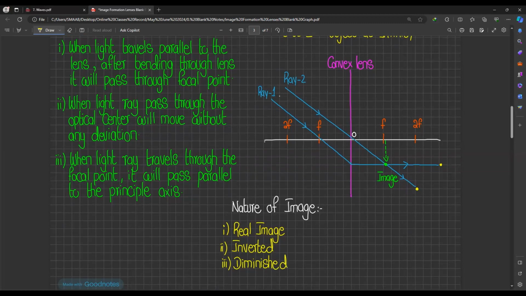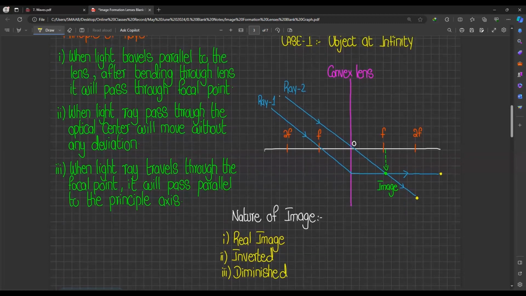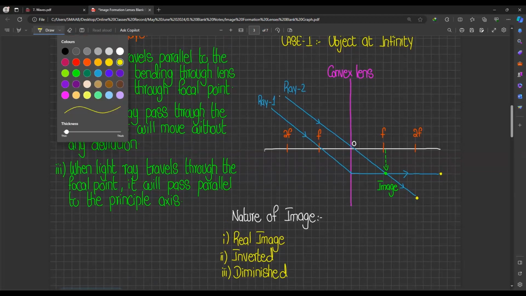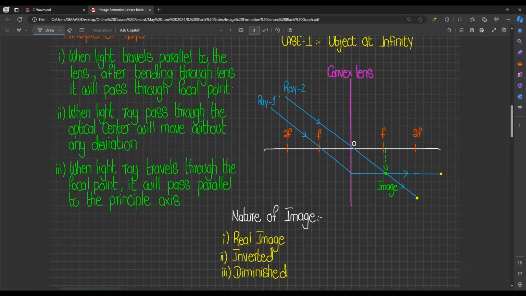And basically we use this concept in telescopes. So this concept is especially for telescopes, or this type of lens is going to be used in telescopes. And the concept of a real image is very simple.